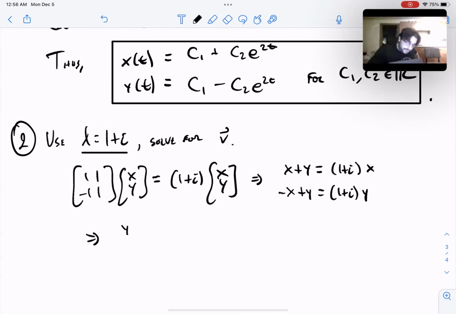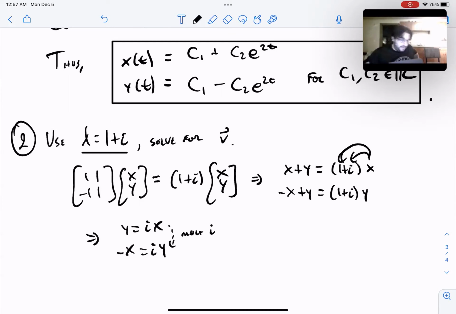The first equation, we just get y equals ix, because the x's cancel if you distribute there. In the second equation, what do we get? There the y's cancel, so you get negative x equals i y, which is good because these are actually the same equation. If you multiplied the first equation by i, you would get exactly the second equation.